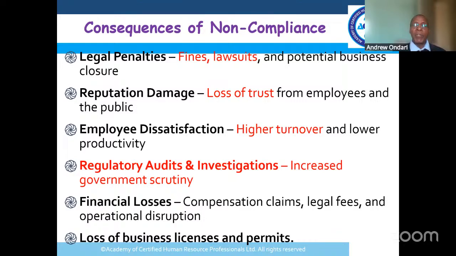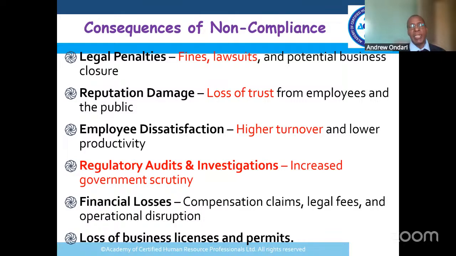On the part of productivity, this is what employees produce over time, the results and outcomes. So productivity is a measure that we use to determine the success of HR managers.